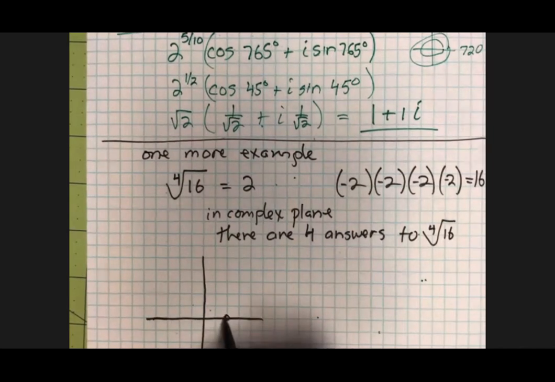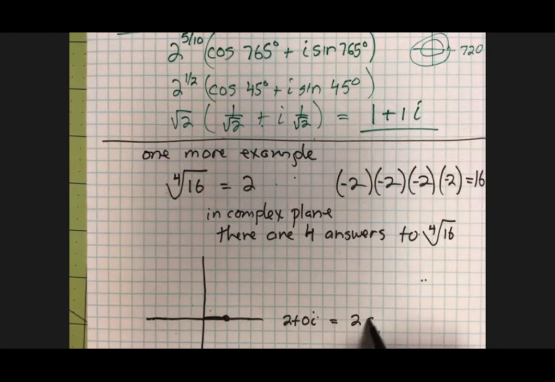The first one will be 2 plus 0i. And if we cut that angle, now this is 2 times the cis of 0 degrees. 2 times the cosine of 0 degrees plus i times the sine of 0 degrees.